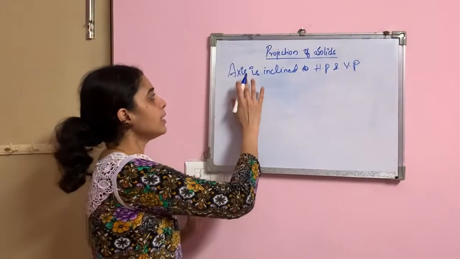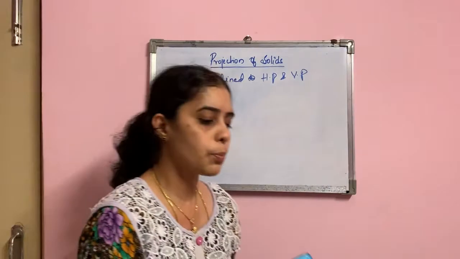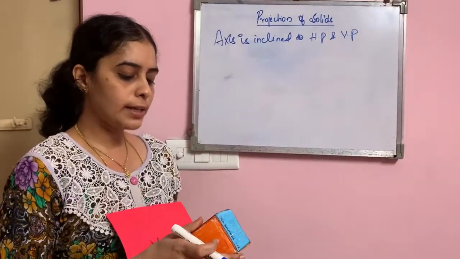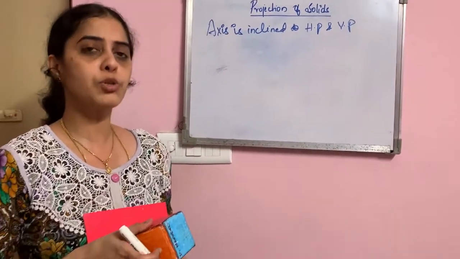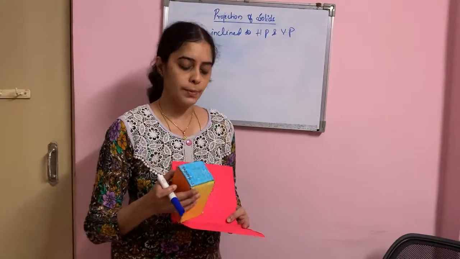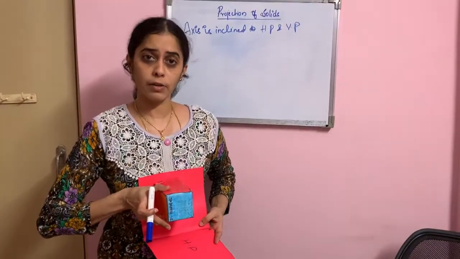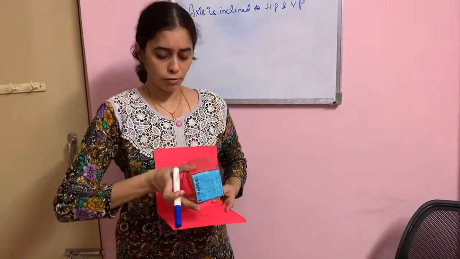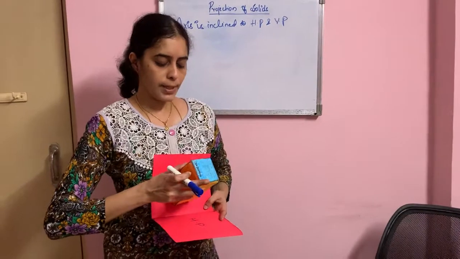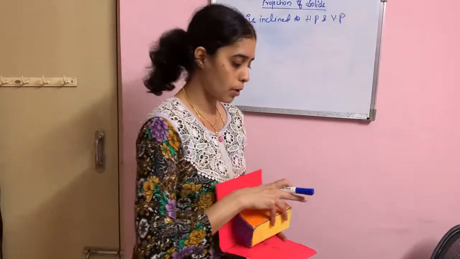When the given axis is inclined to both HP and VP, the position of the lamina will be in such a way that the given solid will be inclined to HP as well as to VP. So in that case, how will you solve the problem? It will not be perpendicular to either the horizontal plane or the vertical plane. It will be inclined to the HP plane and inclined to the VP plane. In that case, how will you start and solve the problem?